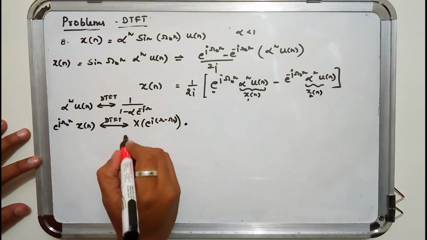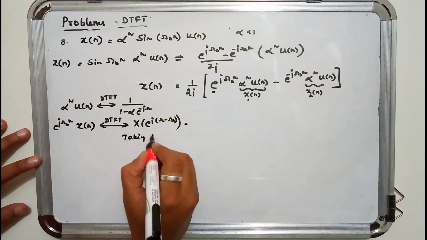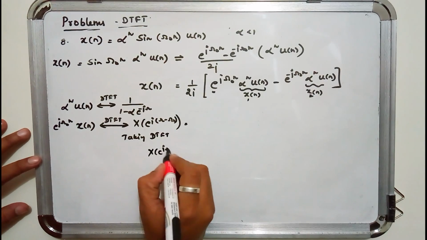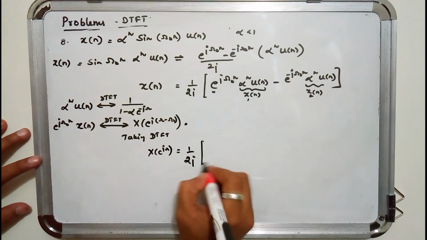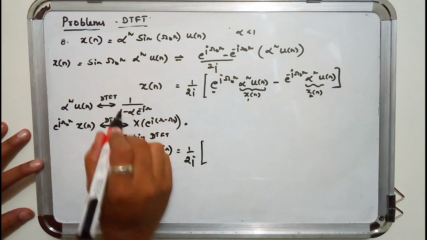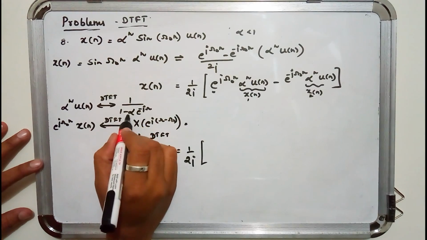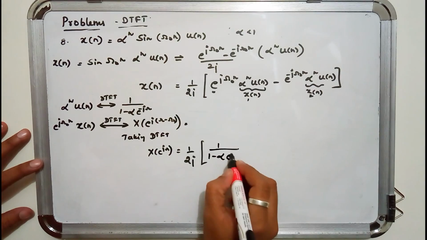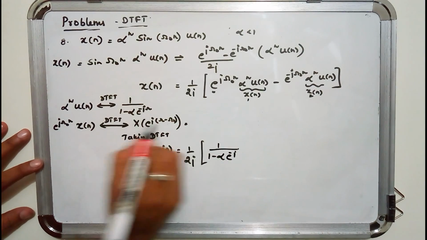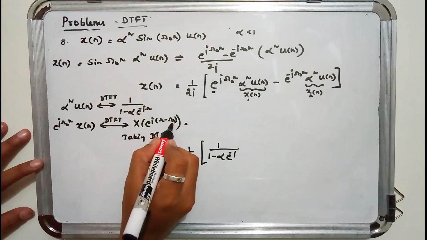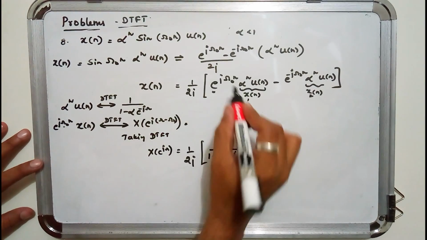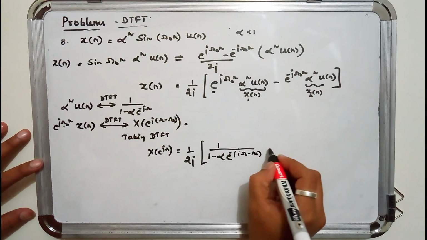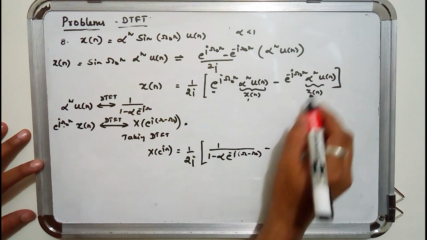So taking DTFT, I will be getting x of e power j omega is equal to 1 by 2j into alpha power n u of n. The DTFT is 1 by 1 minus alpha e power minus j omega. So 1 by 1 minus alpha e power minus j into omega. Omega will be shifted by its exponential factor. So what is exponential factor here? It is omega naught. So omega minus omega naught minus again alpha power n u of n.